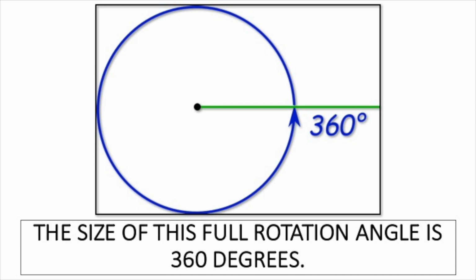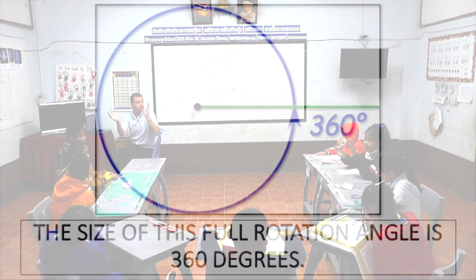The size of this full rotation angle is 360 degrees. A complete circle. Can never be less, can never be more. And this is how we do estimations of angles, guys. Any questions? No. Okay, that was great. Well done.